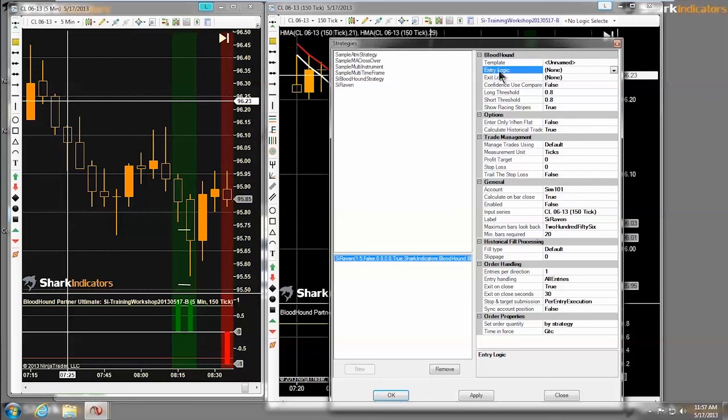If you get an entry signal that is the opposite or reverses you, then NinjaTrader manages closing out all the existing open positions. The exit logic will essentially just put you flat. That's its purpose. All right.